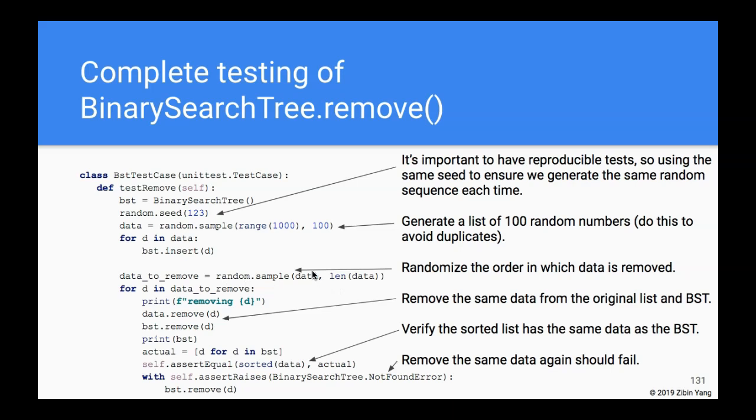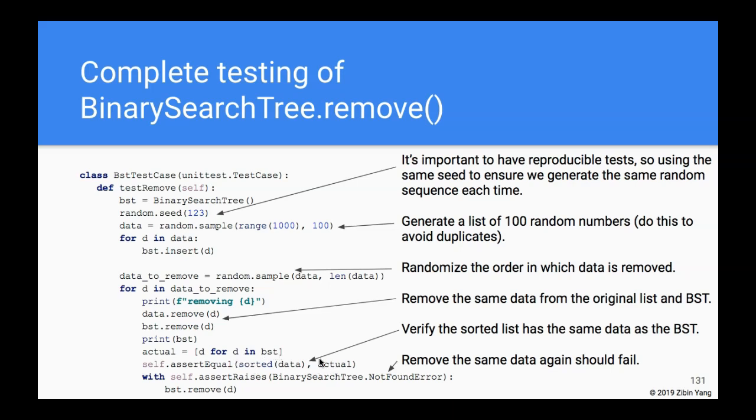So I'll again create a random sample from the data that I already inserted. It's not really a sample, I'm picking everything from the data I already inserted into the BST, but in a different random order. And now I'm going to go through all the data that I want to remove. I'm going to remove it from the list of data, and I'm going to remove it from my BST. And then again, same strategy that you already saw, I'm going to construct a list from the BST.